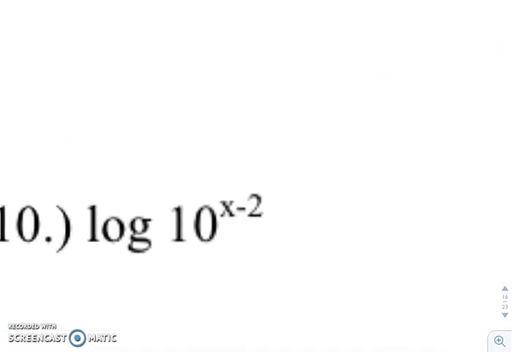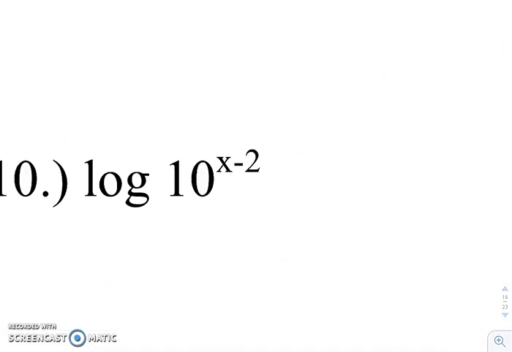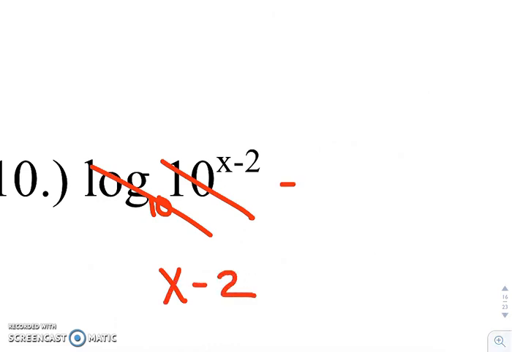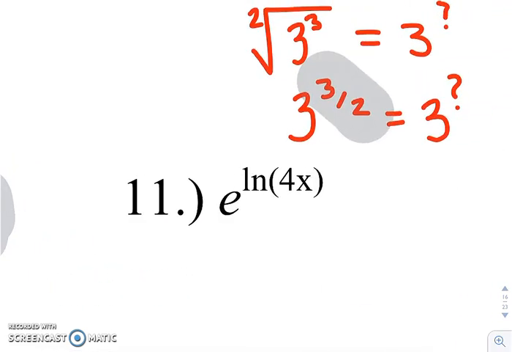Number 10, same idea. This is a log base 10. Remember, if you don't see that base, you have to know it's a base 10. They would just cancel out. This exponent with base 10 and that log base 10 cancel out, and you're left with x minus 2. So this whole thing would equal x minus 2. 11, same idea.